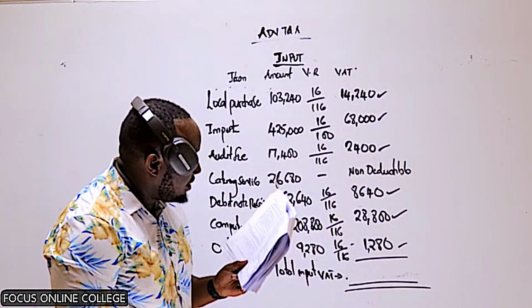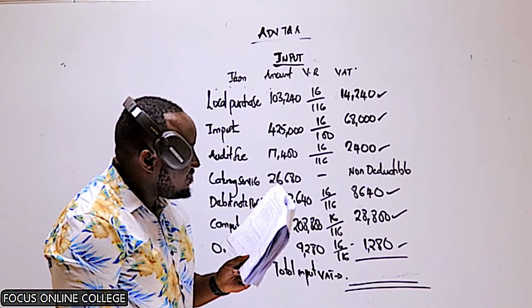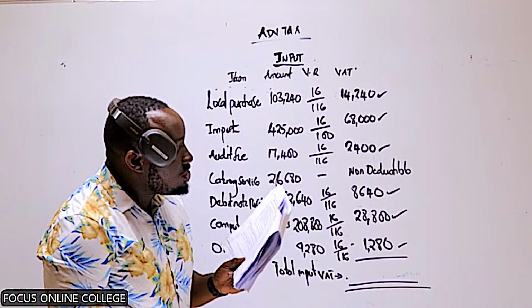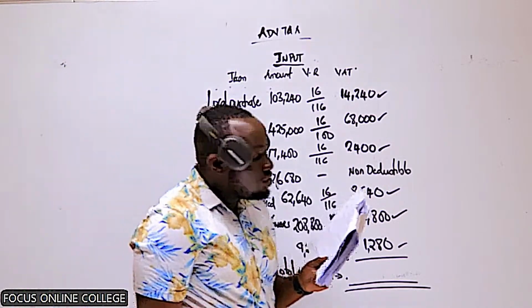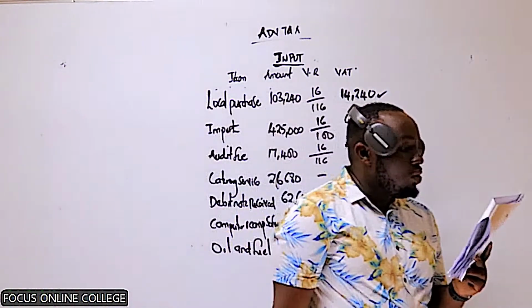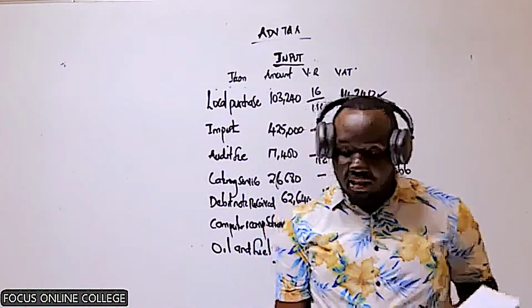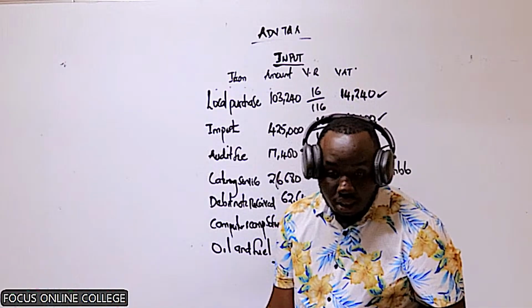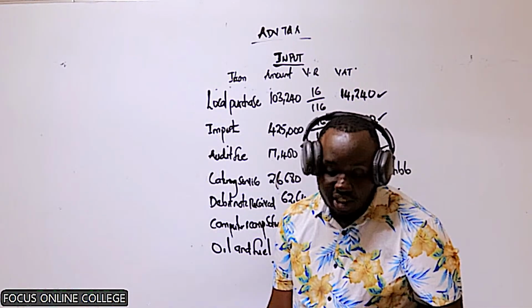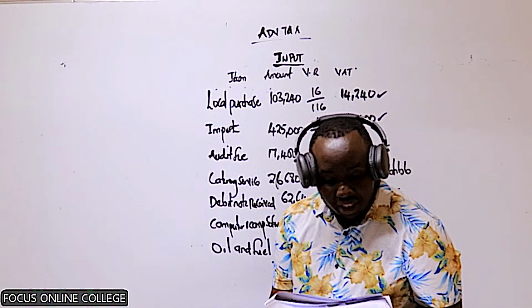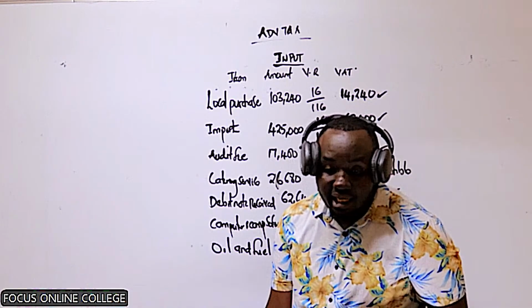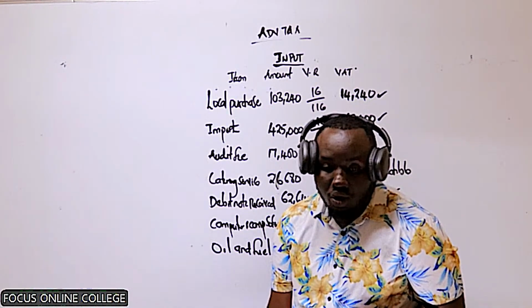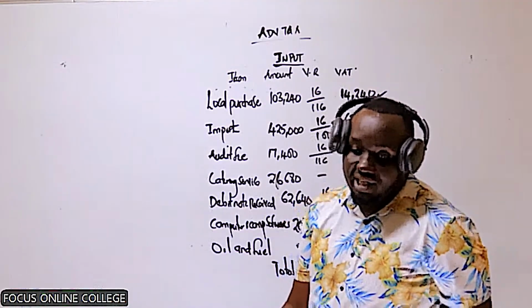Check date 10, so that affects sales. Goods valued at 20,000 were returned to the business by a credit customer. That is return inwards, and the credit note was issued. Credit note issued affects sales.